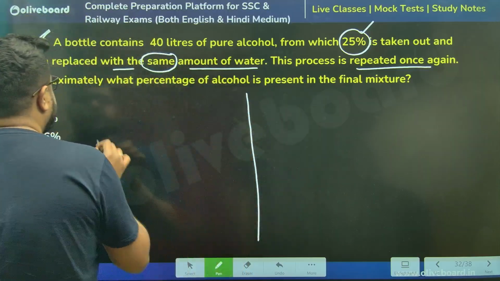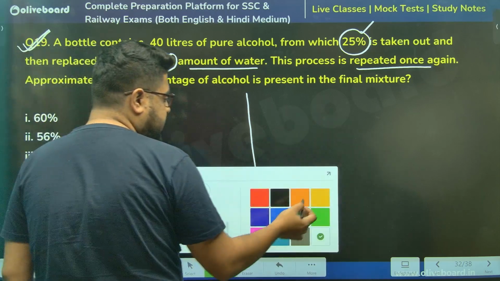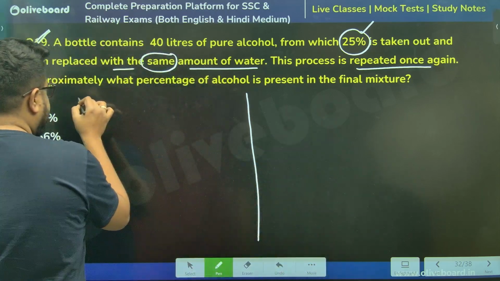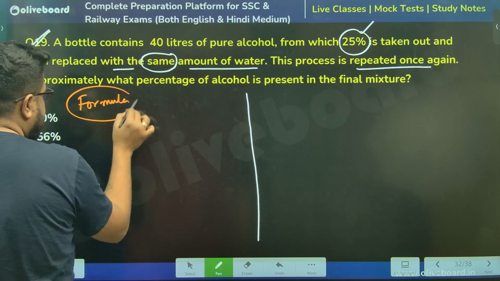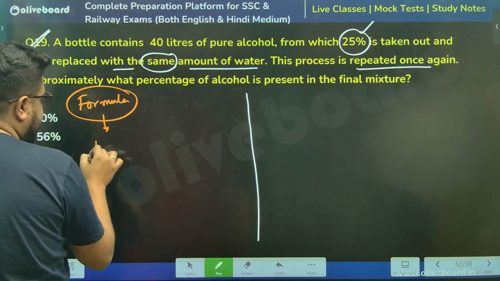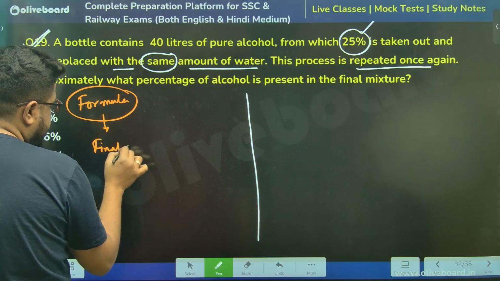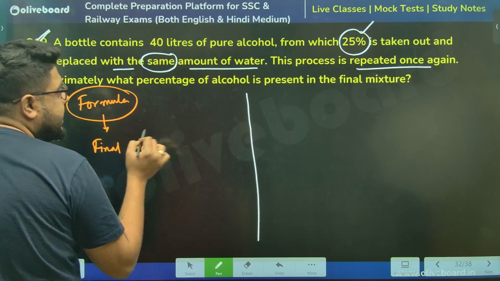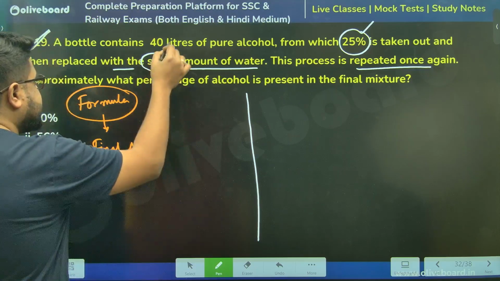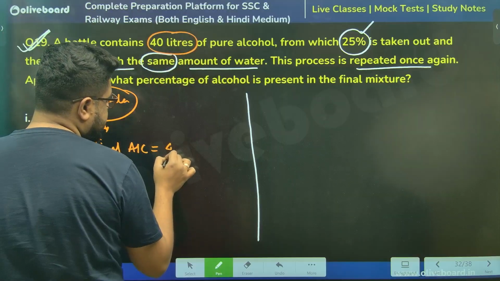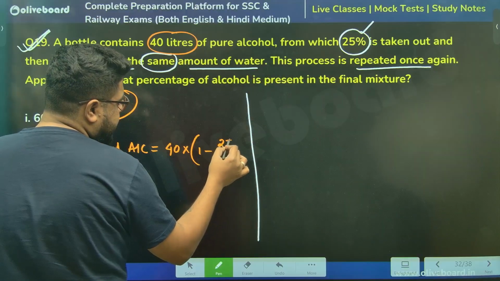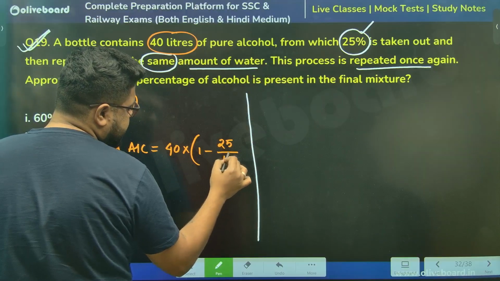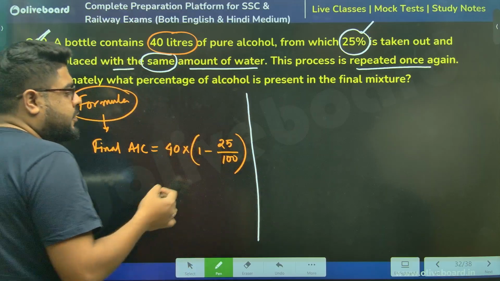First of all, the formula. Final alcohol will be initial alcohol. Initial was 40 liters, into 1 minus 25% out of 100%, which has been taken out, for how many times?